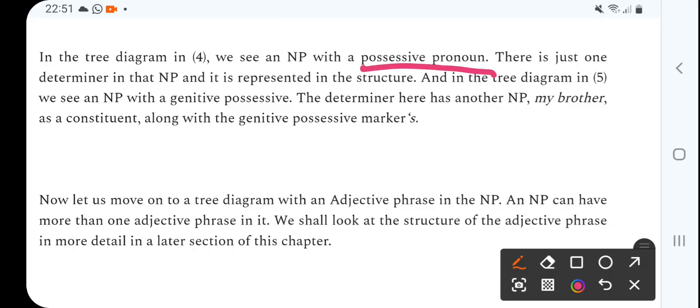Genitive is possessive, actually: "my brother's", with the genitive possessive marker 's. I cannot explain it without the diagram here; I will explain it if it opens.